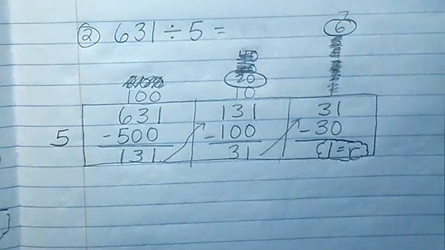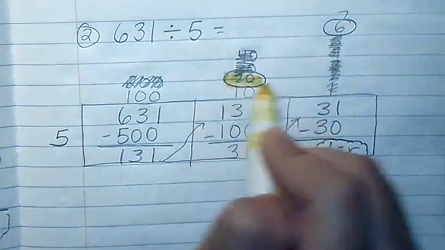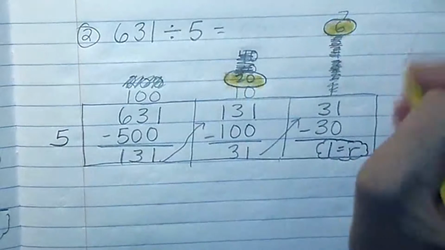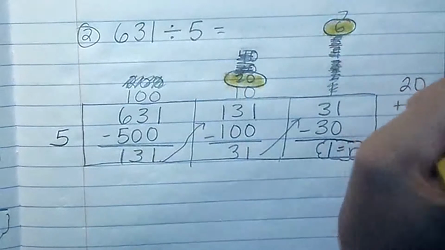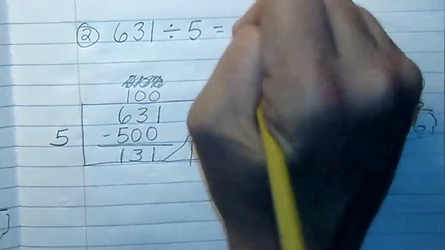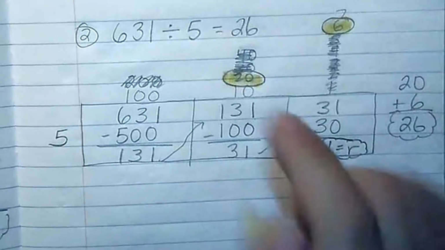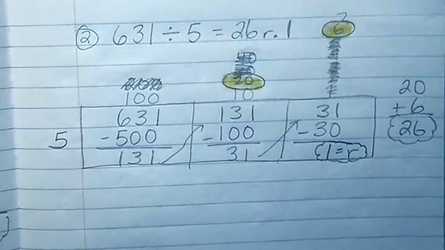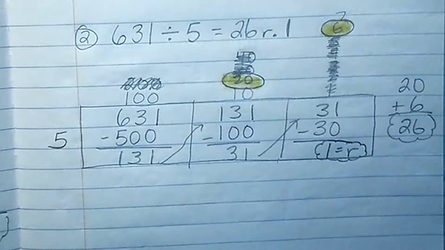Now, to find my answer, I have to go look up top and see what I circled. I circled 20 and 6. So I'm going to add 20 plus 6. I think the answer is 26. Oh, we had a remainder of 1. Well, we don't want to think that's the answer. We want to know.